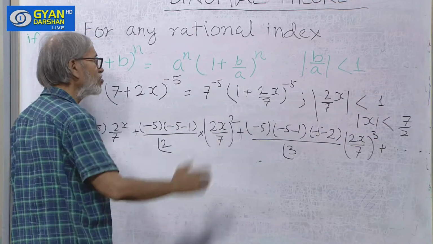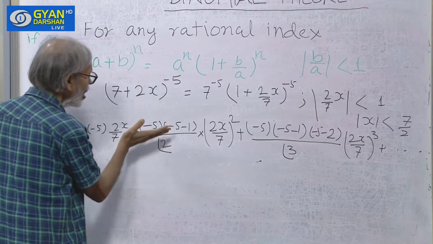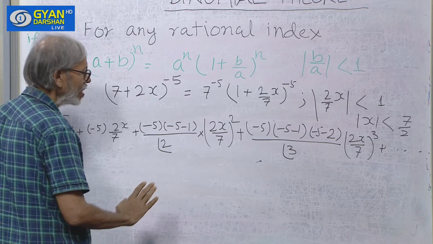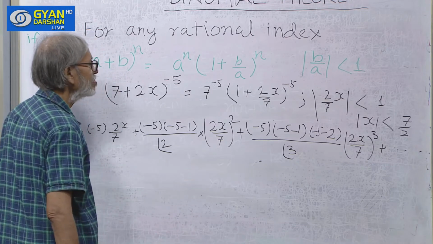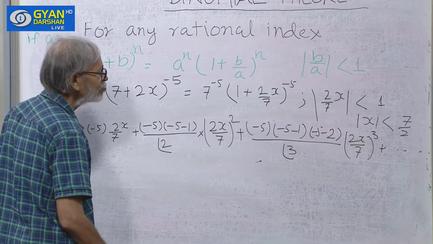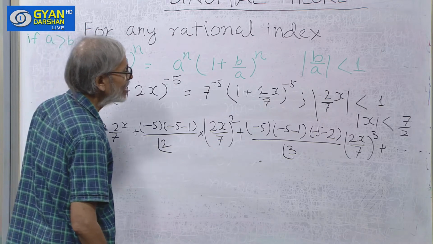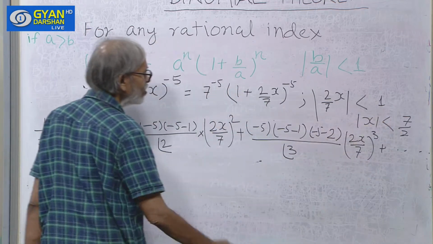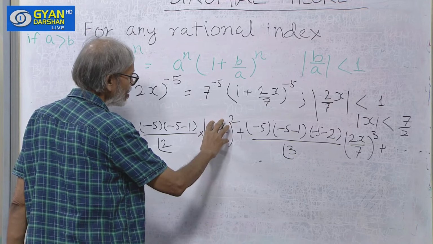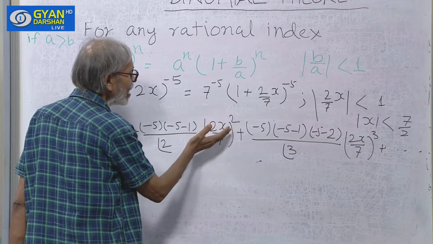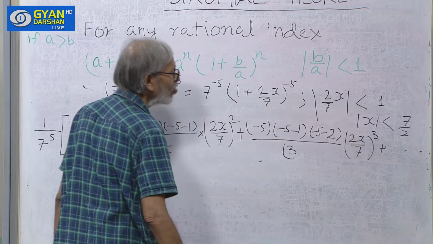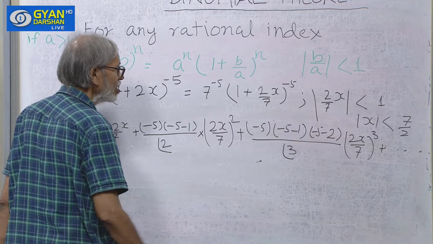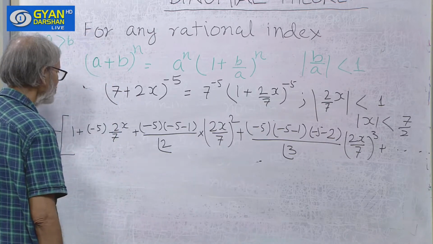It will go to minus infinity, and this binomial coefficient will never be 0. But if |x| is less than 7/2, this term will be less than 1, its further powers will go on decreasing, and the terms will become smaller and smaller. So, then it is easy to find its sum.